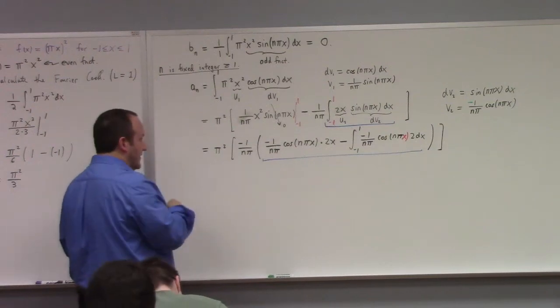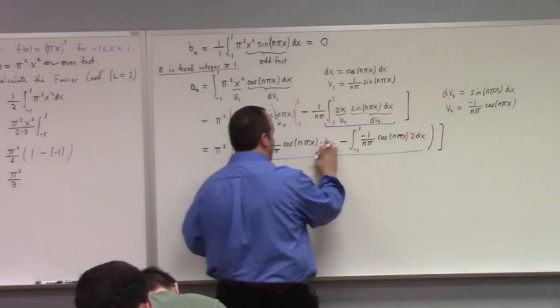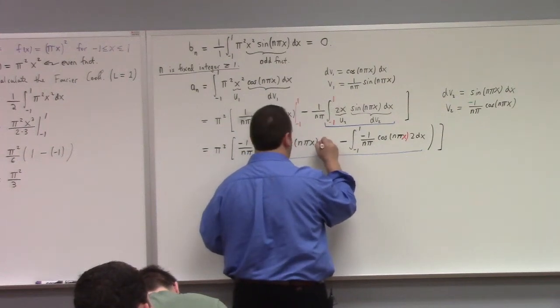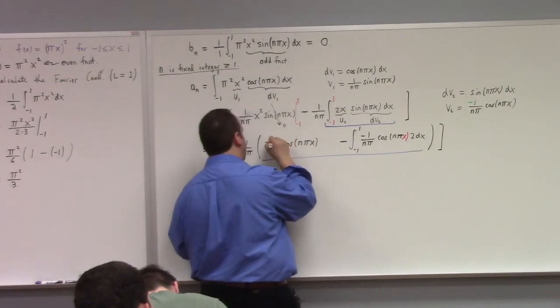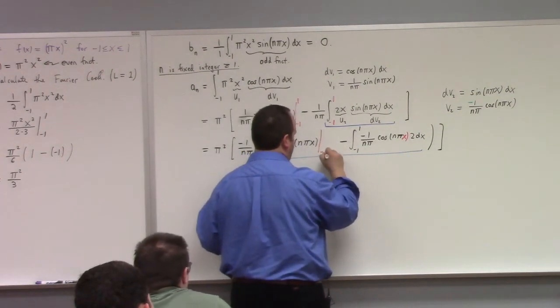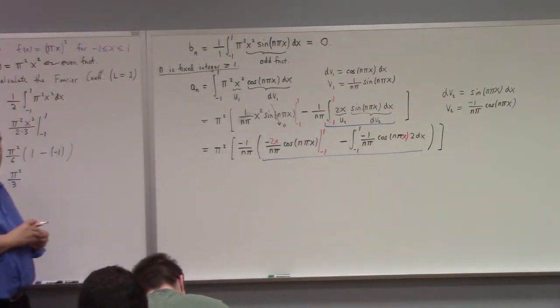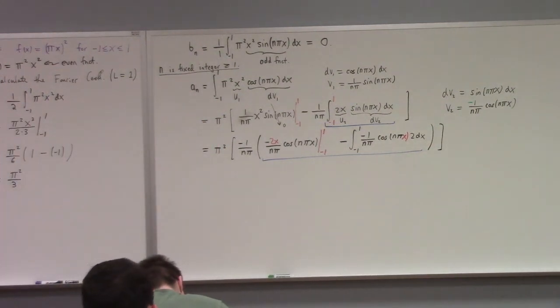Anyway, I have violated the prime directive in that I'm going to put the 2x out here because it's less cluttered, evaluated from minus 1 to 1, right? Because that's how integration by parts works when there are bounds. You know this.